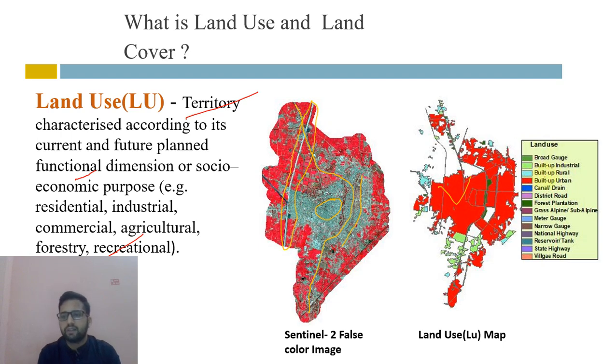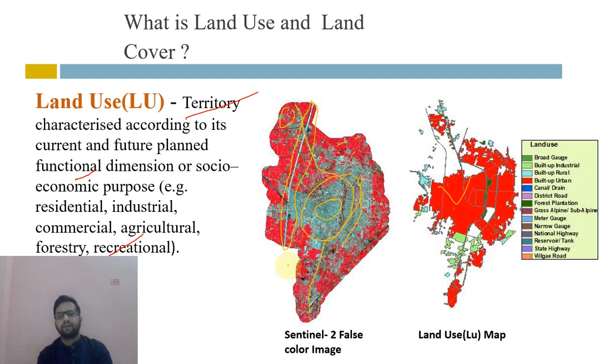Now we can see the built up industrial, Birarua canal, or another is the village road. Here are the village roads. Then we can see the built up rural, and built up urban also. So all these categories go to the land use features.